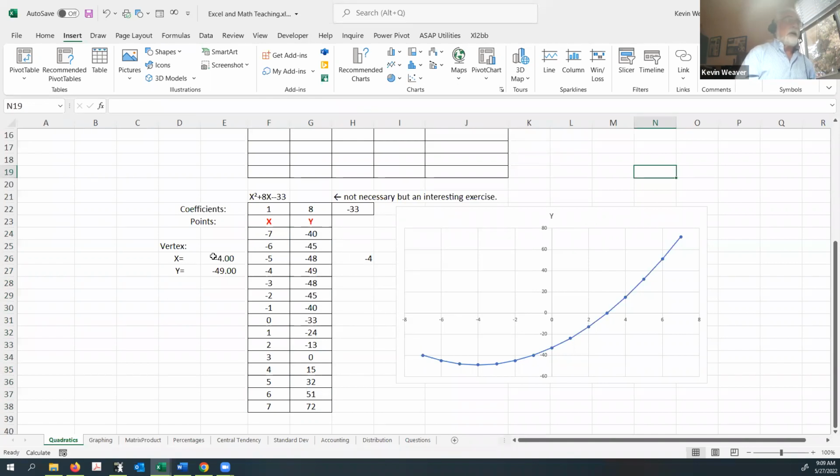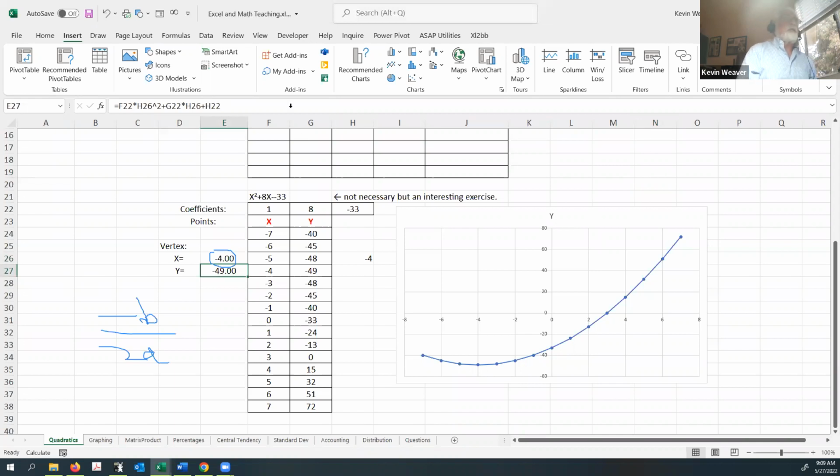I also have them calculate the vertex by using the formula -b over 2a, and that calculates the X value. Then by substitution, they can calculate the Y coordinate.